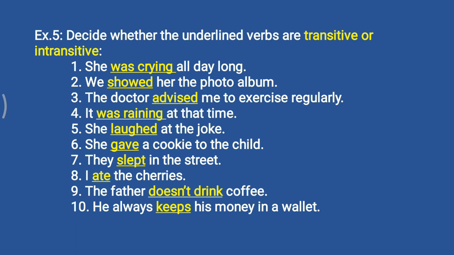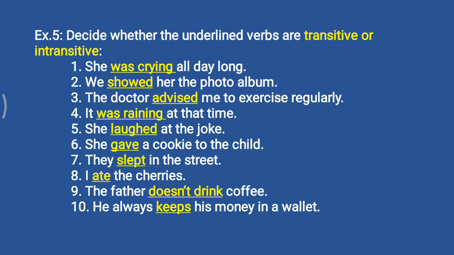So first sentence, she was crying all day long. It is intransitive verb. We showed her the photo album. It is transitive verb because it is followed by an object, photo album.